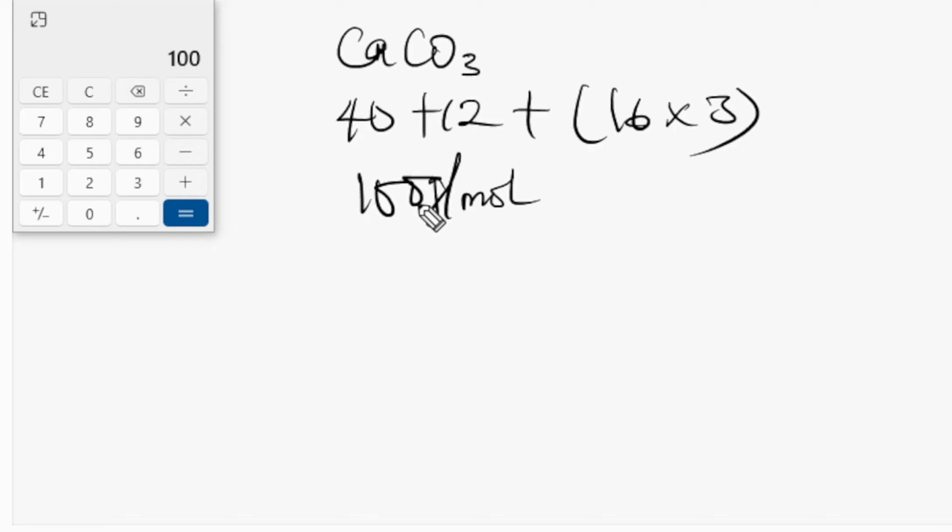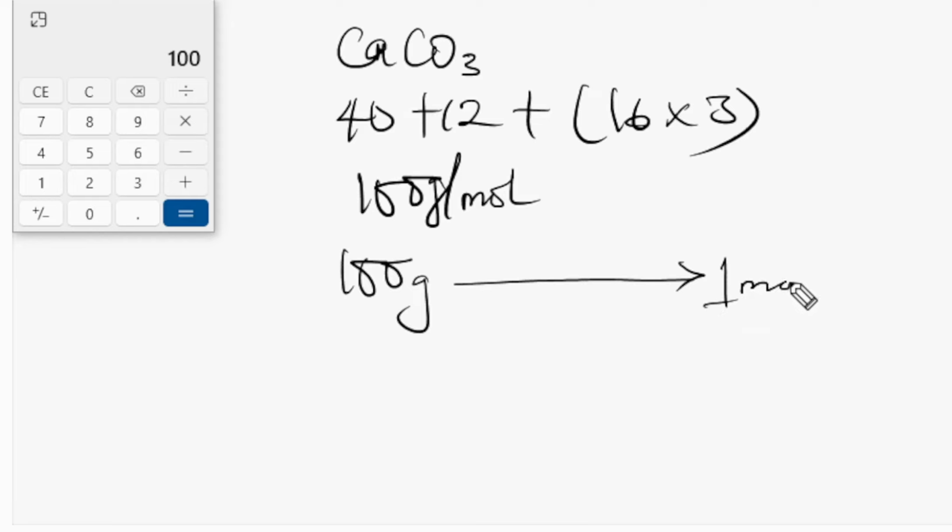So remember, since we have 100 grams per mole, it means that 100 grams of this substance has 1 mole, or 1 mole of this substance contains 100 grams. So we want to know how many moles we have in 30 grams. So guys, this 30 grams corresponds to this part. So you're going to write 30 grams since it will have the same unit with it. So we have 30 grams here.